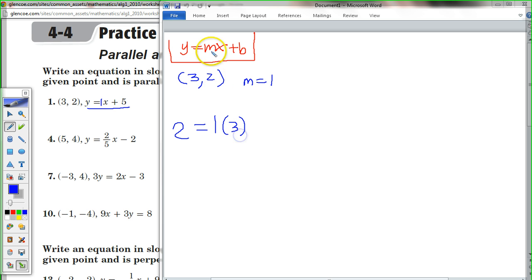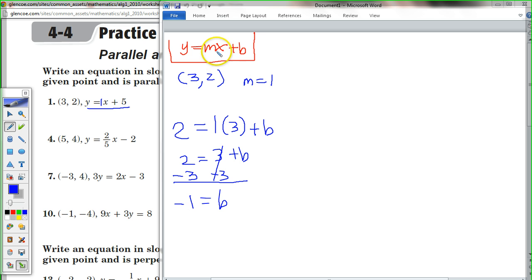That means mx means m times x, so 1 times 3, plus b. I'm going to solve this equation for b. So you have 2 equals 1 times 3, which is 3, plus b. In order to find out what b is, I'm going to take away 3 on each side, and you have b equals negative 1.